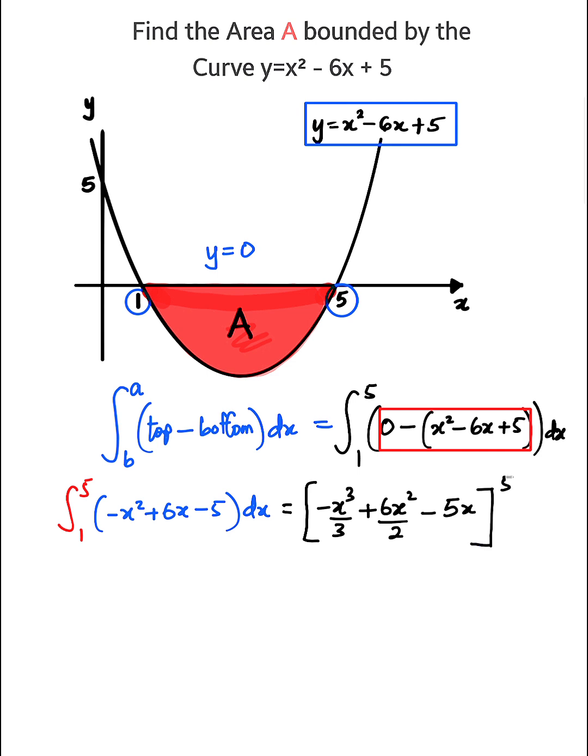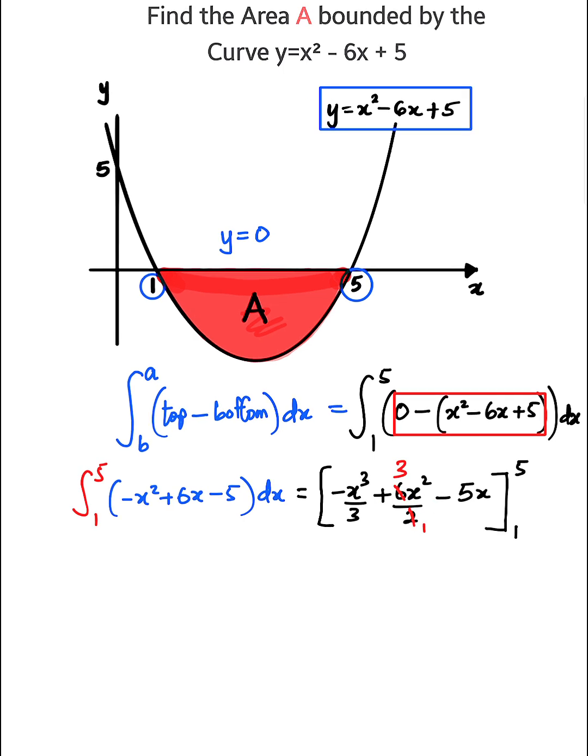Take note, 5 and 1. Okay, I guess we can simplify this. 2 here 1, 2 here 3. So we have negative x raised to 3 all over 3, then plus 3x squared, then minus 5x. Take note of our limits 5 and 1.